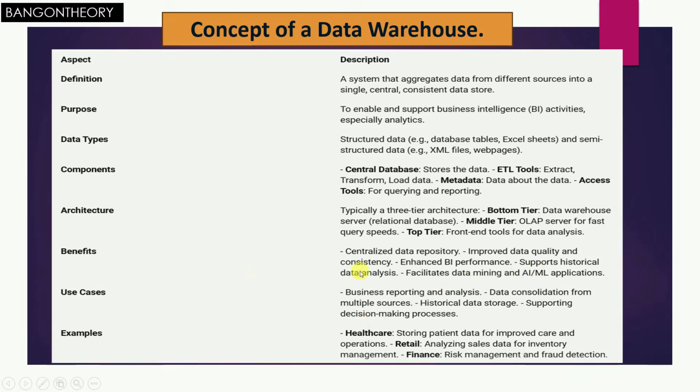Use cases: reporting and analysis, data consolidation from multiple sources, aggregated data for analytics, and historical data storage supporting decision-making processes. We have different examples for different industries like healthcare, retail and finance.